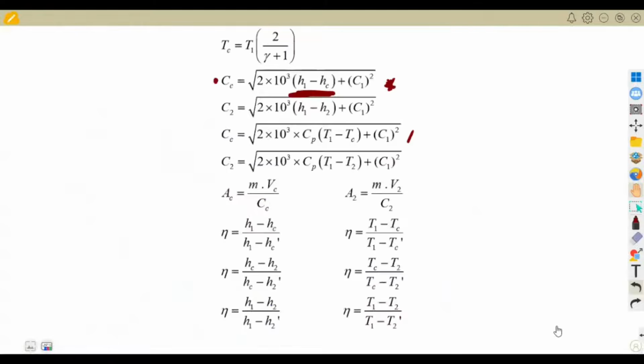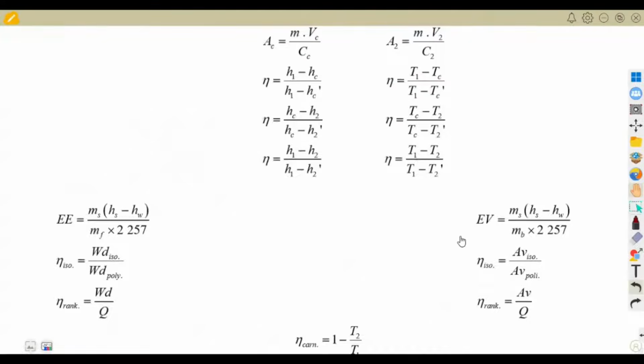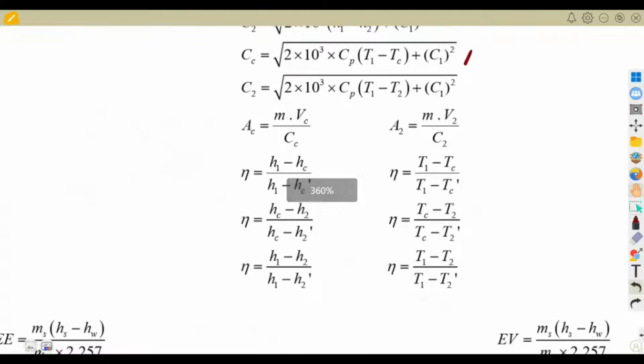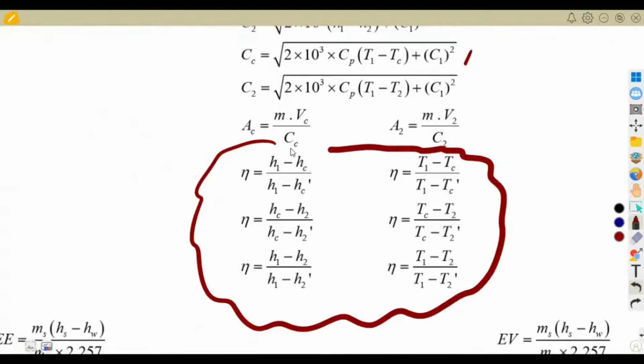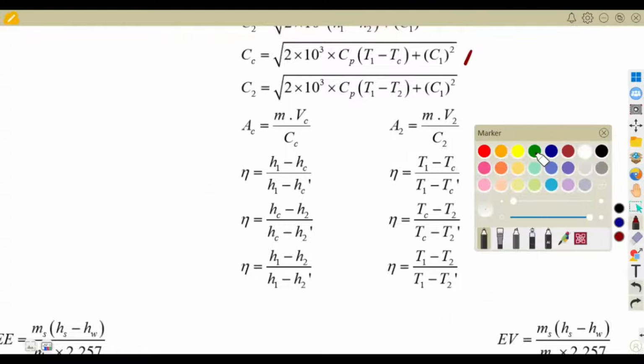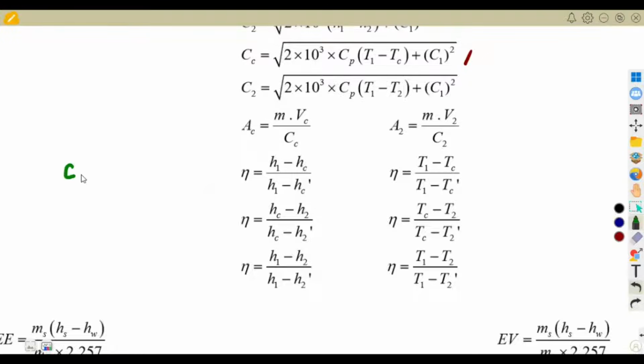No problem. Let me just check. All right. So these are the formulas here. We have the formulas for the efficiency. If you take a closer look at these formulas that are affecting efficiency, we can see that there is a condition, because we are focusing on the stage from the critical to the outlet.